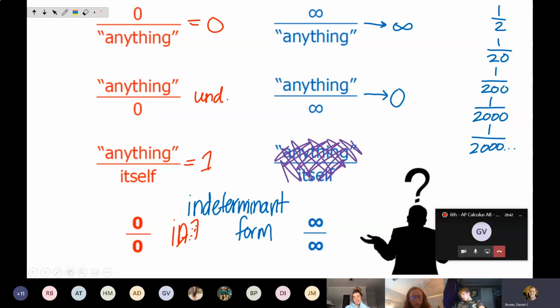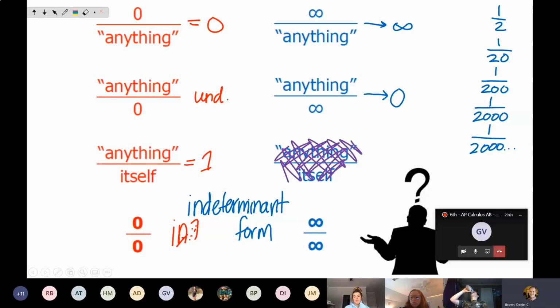For example, if I go out forever on an exponential function, that's going to be a whole lot bigger than if I go out forever on a linear function. So when we just say infinity over infinity without any context, we don't know if that's a big infinity or an even bigger infinity.